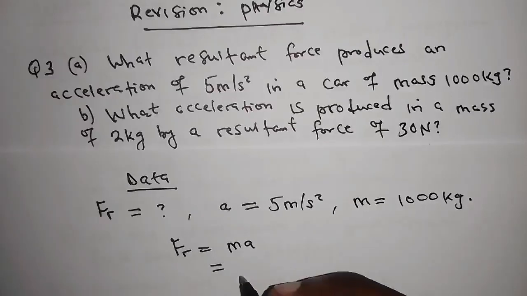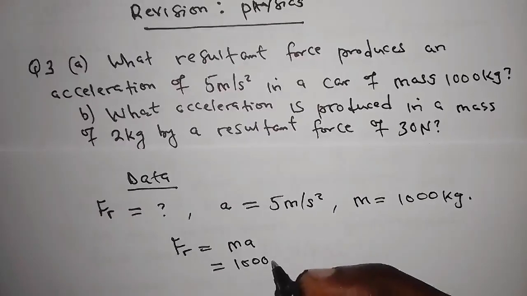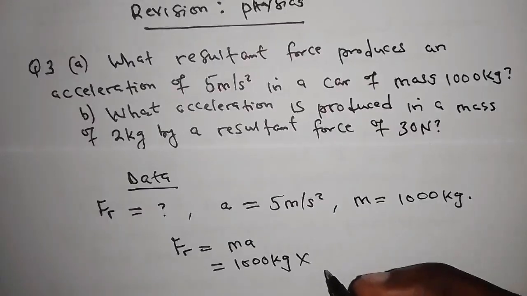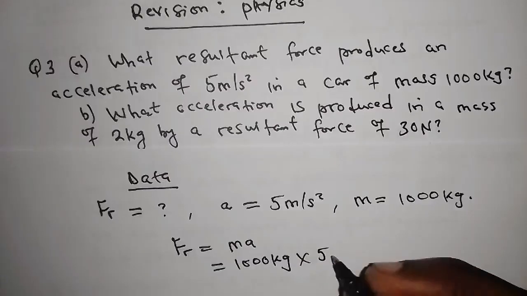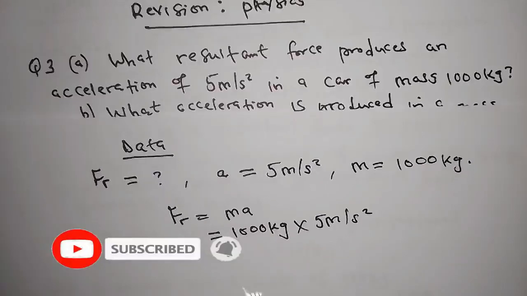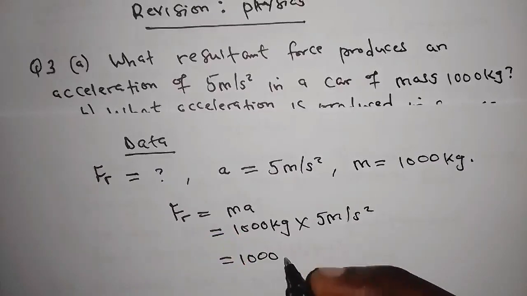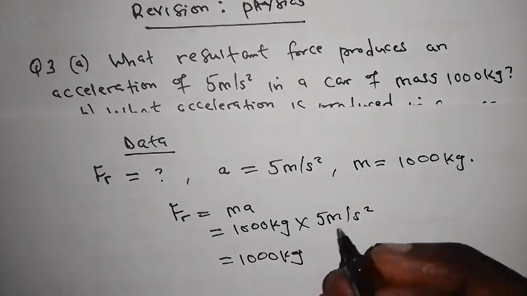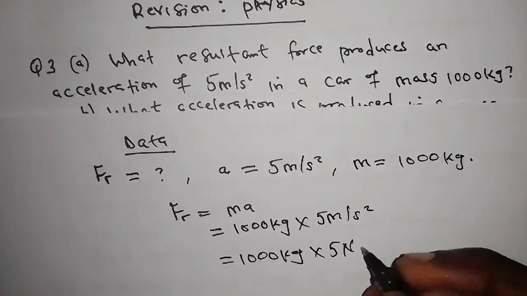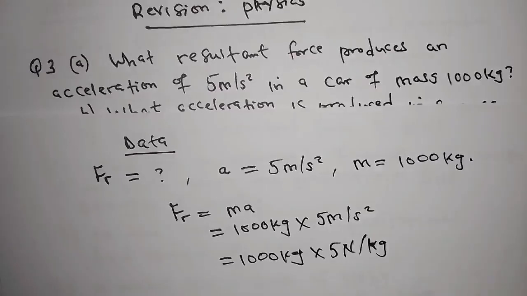The mass is 1000 kg multiplied by the acceleration, 5 meters per second squared, which is Newton per kg.